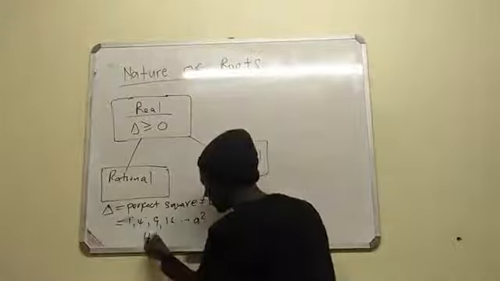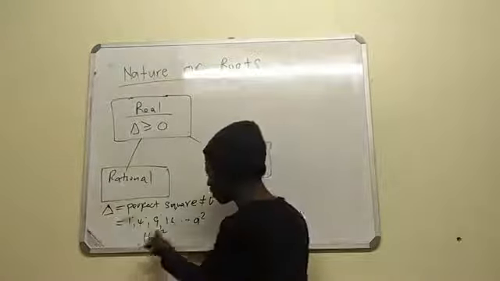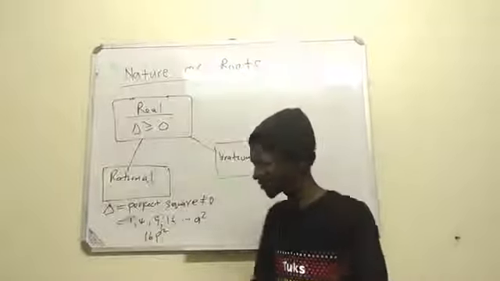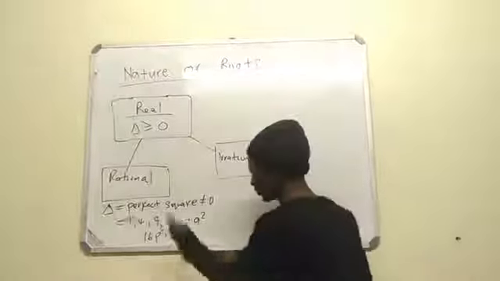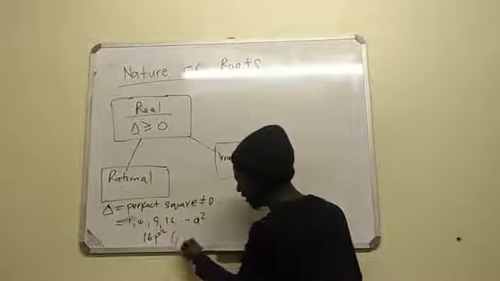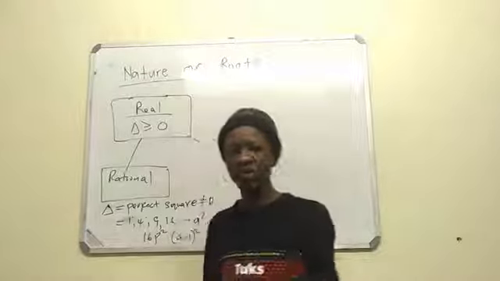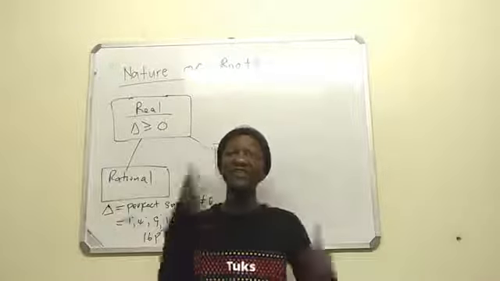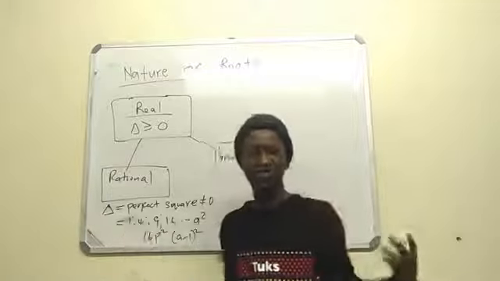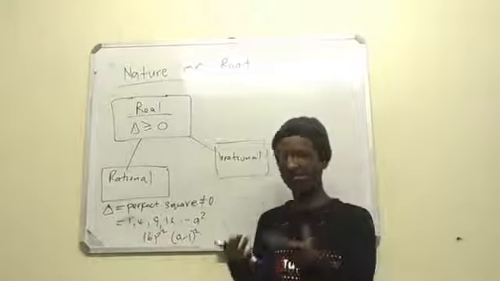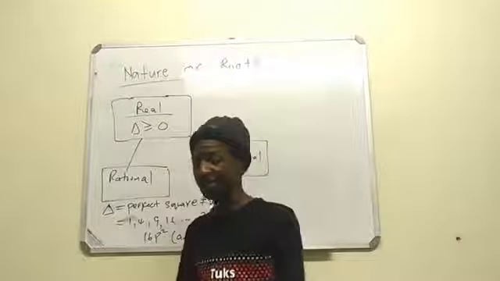Even 16p squared is a perfect square, because we know the square root of 16 and of p squared. You can also have (a minus 1) all squared. As long as anything is raised to the power of 2, or to the power of an even number, it's a perfect square.